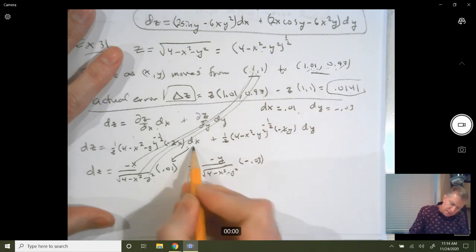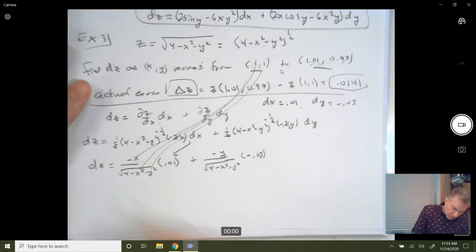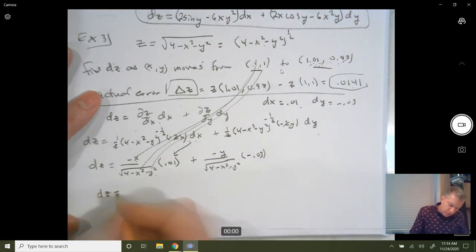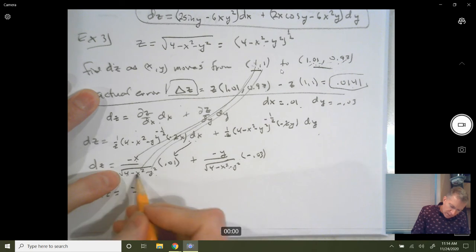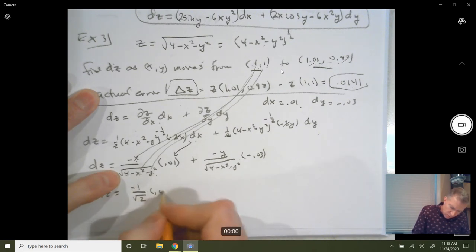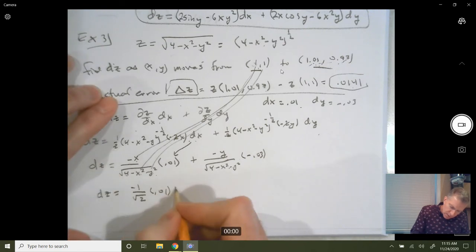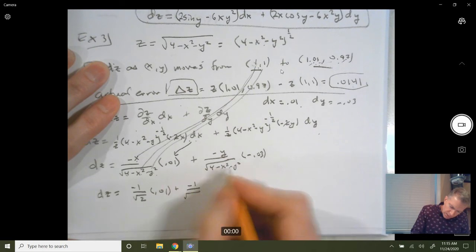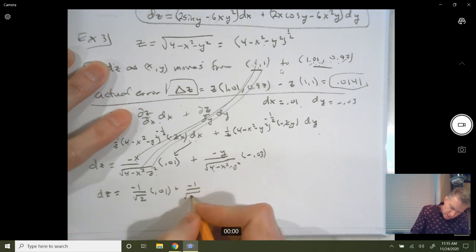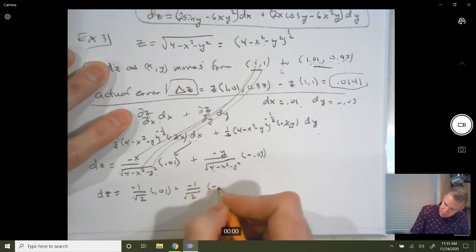Those go in for dx and dy. So our dz is going to equal negative 1 on top, over the square root of 4 minus 1 squared minus 1 squared, which is root 2, times 0.01. And then plus negative 1 over root 2 times negative 0.03.